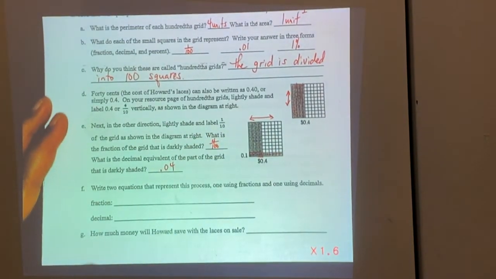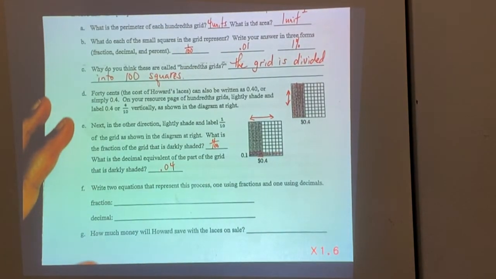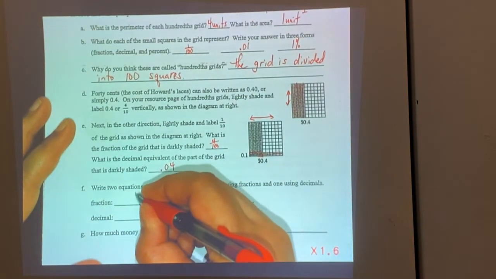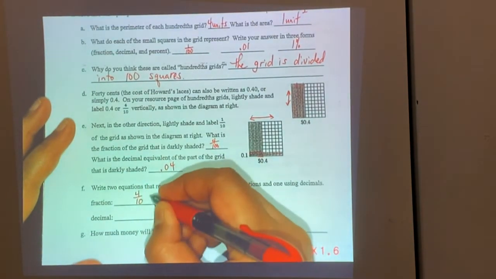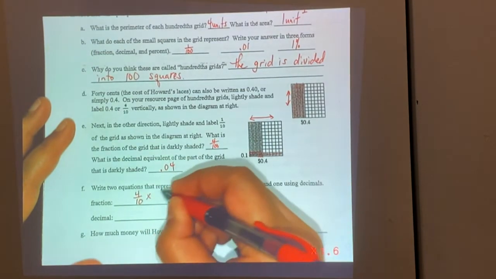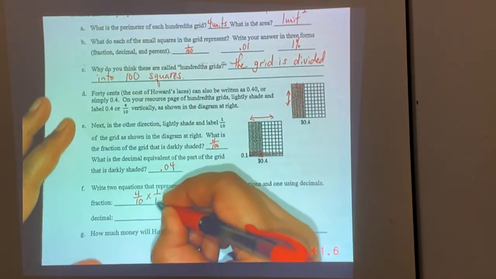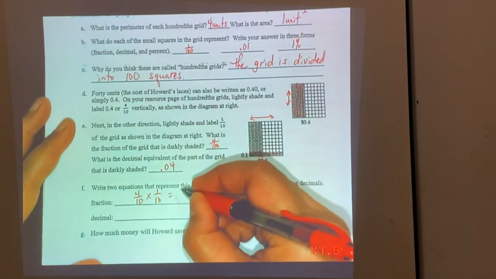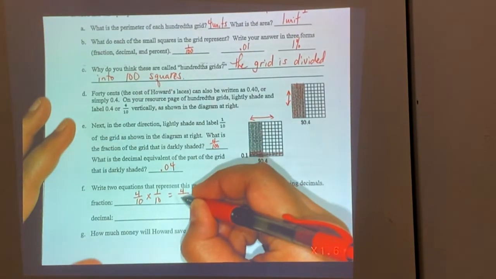F. Write 2 equations that represent this process, one using fractions and one using decimals. So as a fraction, I did 4/10 one way, and the other way I went 1/10. And this, if I multiply across, I'll get 4 hundredths.